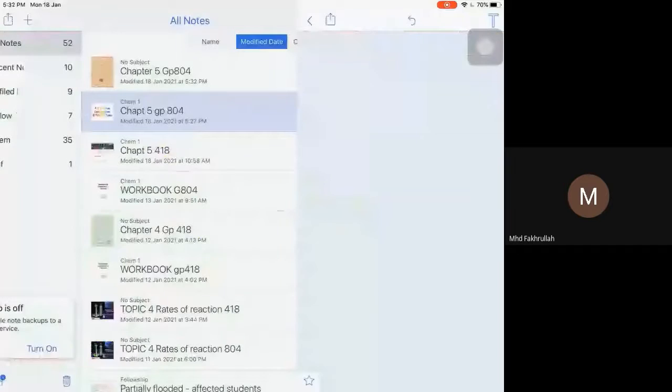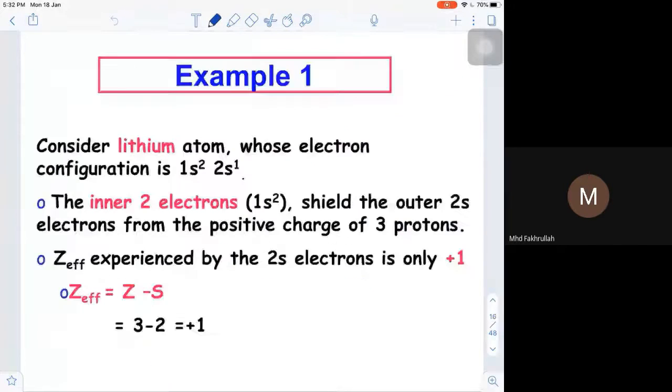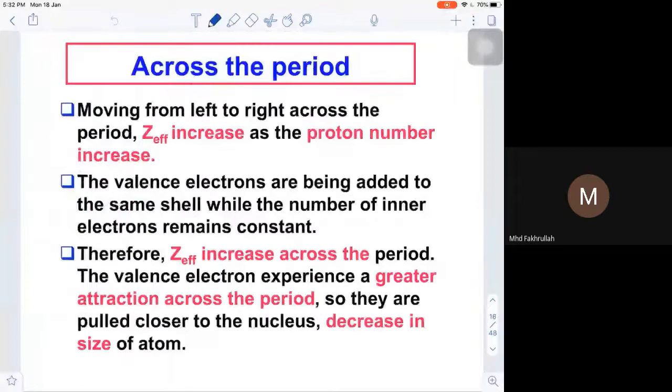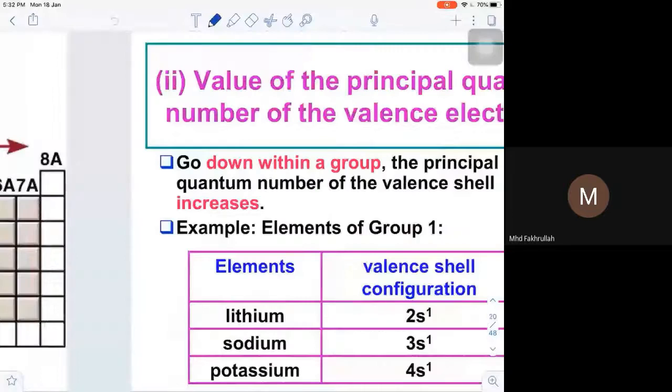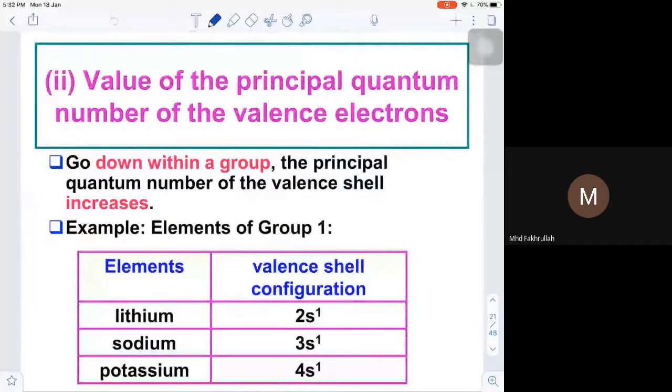The second factor that determines the size, or the trend of the atomic size going down a group, is the value of the principal quantum numbers of the valence electron. Okay, so going down within a group, the principal quantum numbers of the valence shell will increase. For example, when we have lithium, sodium, and potassium here, lithium comes from period 2.